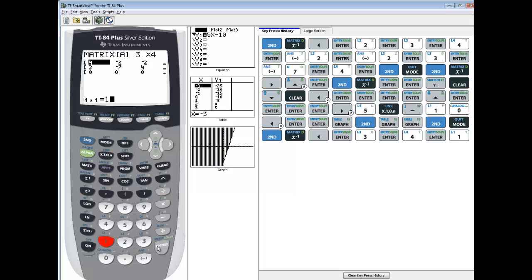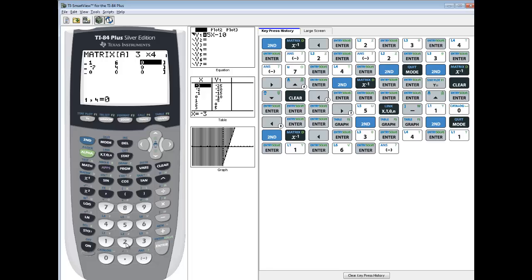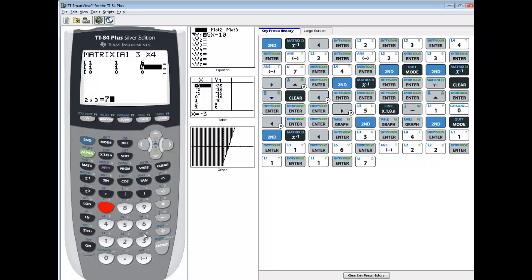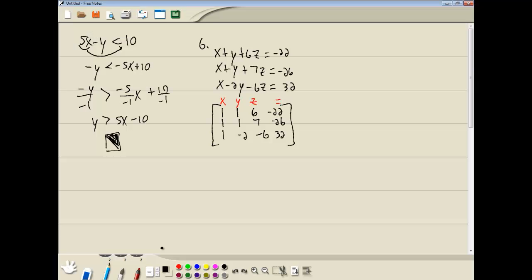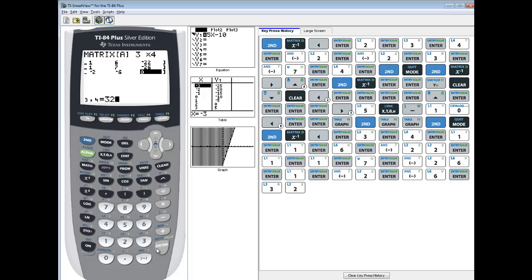Then I got 1, 1, 6, negative 22, 1, 1, 7, negative 26. 1, negative 2, negative 6, and 32.